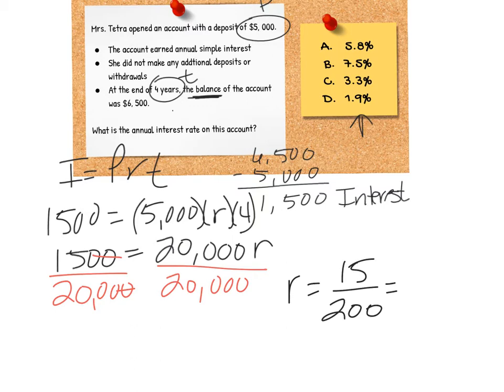And 5 goes into both of those. But I'll grab my calculator. 15 divided by 200. 0.075. So let's look at our answer choices. What answer choice does that look like?